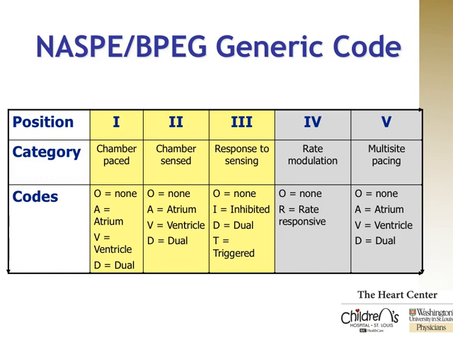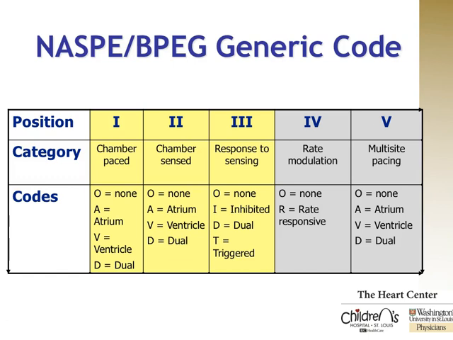So, for example, we may say the pacemaker is programmed AAI or VOO or DDD. The first letter tells you which chamber is being paced. Is it the atria, is it the ventricle, or can both chambers be hooked up to pace?